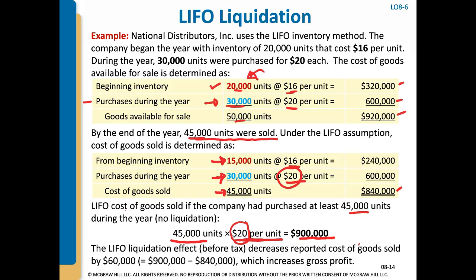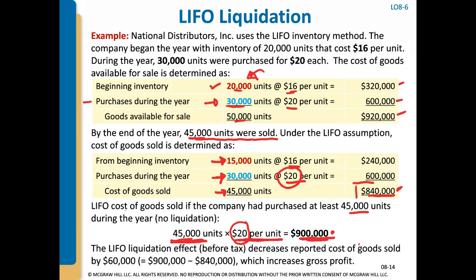You assume that all the units you have sold, all 45,000, were purchased at that most recent cost of $20. And that would give you a cost of goods sold of $900,000. So right now, under LIFO, your cost of goods sold is $840,000. Assuming that it didn't have to dip into old layers, it would have been $900,000.